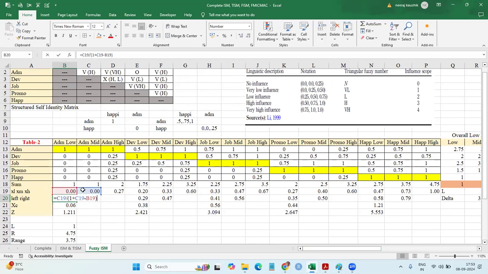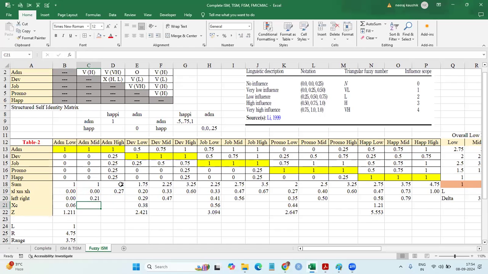Please cross check in B20 and B21: it is high divided by 1 plus high minus middle. Where is the mistake, Arun sir? No, I cannot sense it, but Felix is mentioning please check B20. In the left side, the formula was mid value divided by 1 plus middle minus low value, and for the right it will become high value divided by 1 plus high minus the middle value.